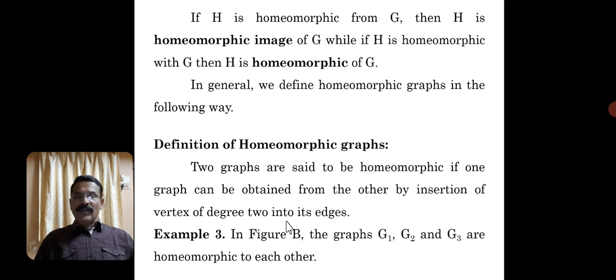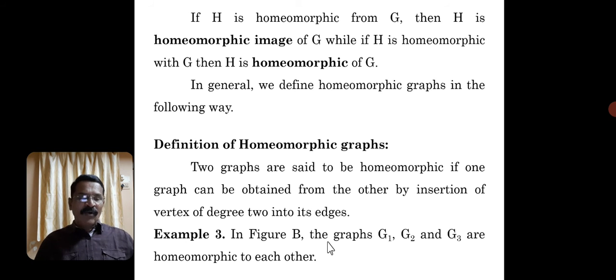Now in example 3, you already know the figure B. In figure B, the graphs G1, G2 and G3 are homeomorphic to each other, because we got G1 from G3 and we got G2 from G3. So both G1 and G2 are homeomorphic with G3.